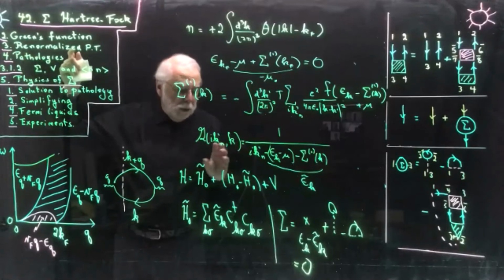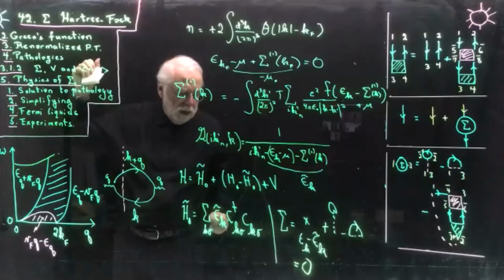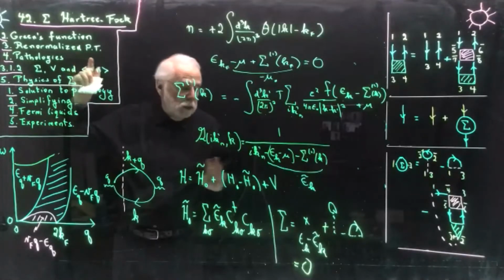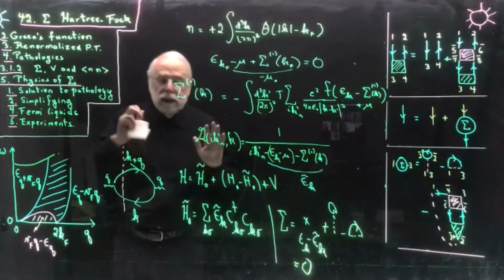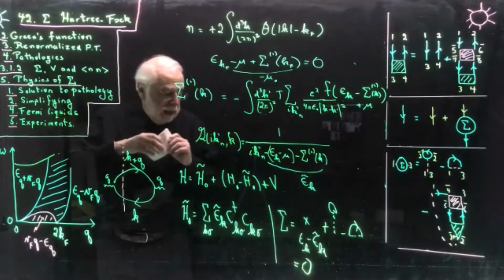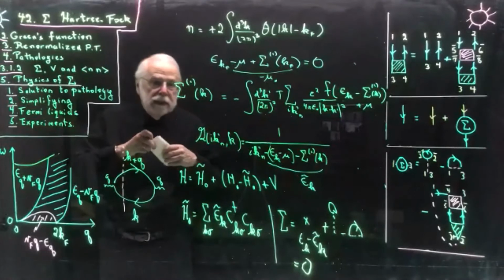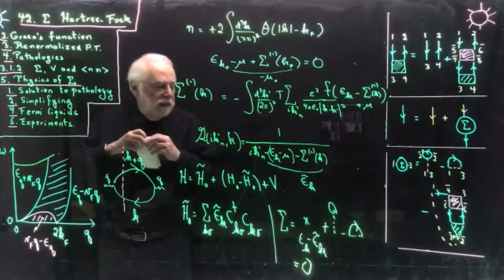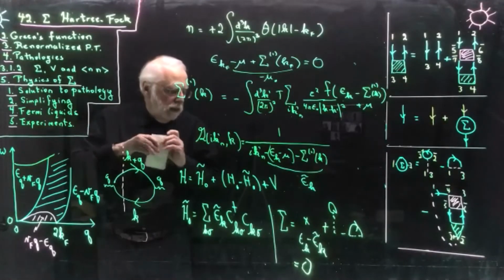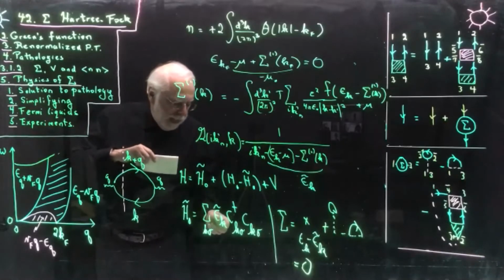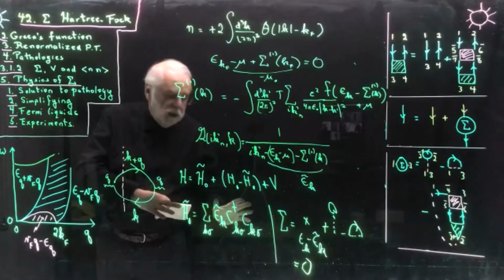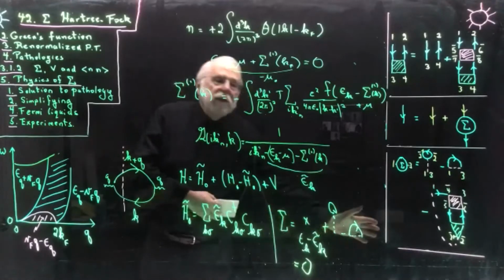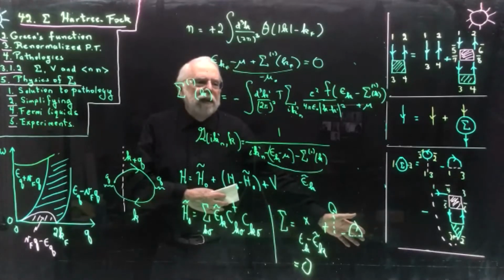So instead of doing perturbation theory around the bare epsilon, the bare Hamiltonian, we do perturbation theory around some other Hamiltonian that we determine self-consistently. So in other words, another way to look at that is that it's sort of an effective medium theory. So you say that, okay, I'm going to look at the best epsilon tilde of k that looks like a free electron and that leads to 0 self-energy at the Hartree Fock level.